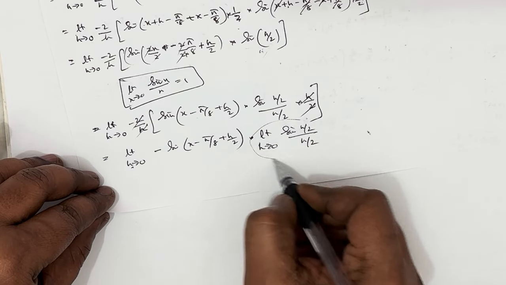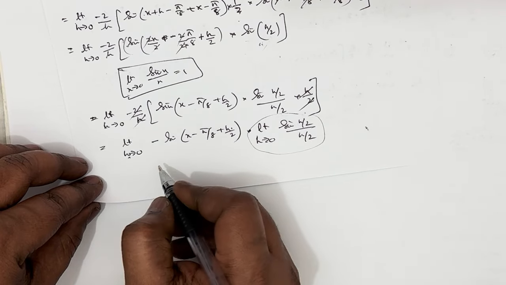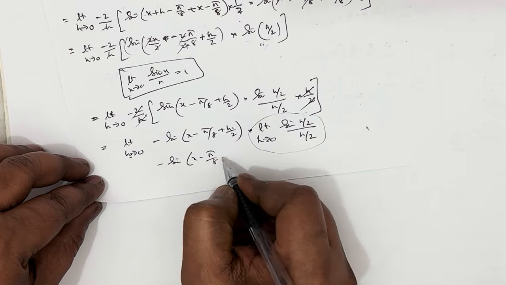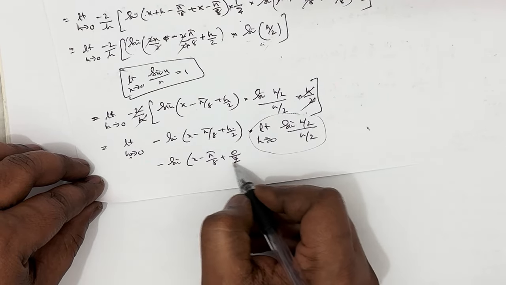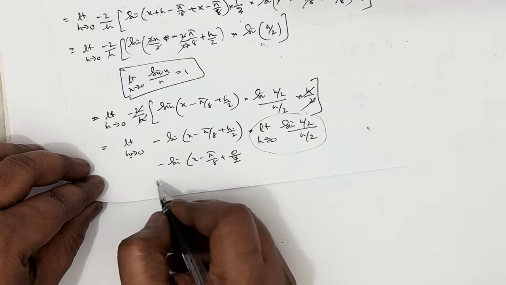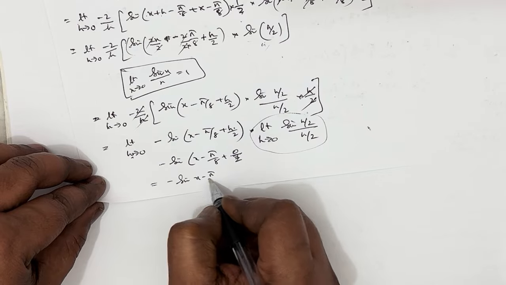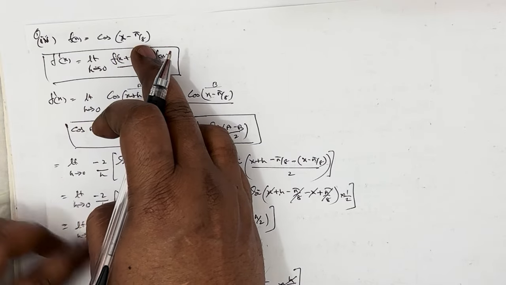This whole thing becomes 1, and putting the value of h in the other, minus sine of x minus pi by 8 plus 0 upon 2, this becomes 0. So you have minus sine of x minus pi by 8. This is the derivative of cos of x minus pi by 8.